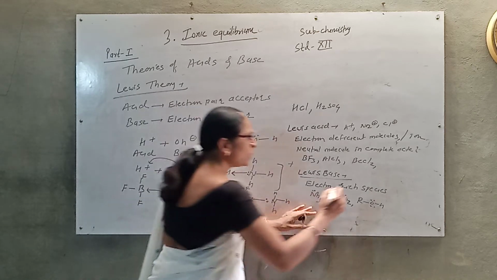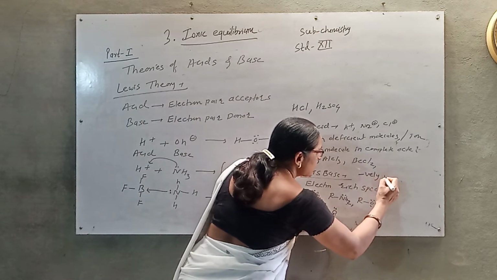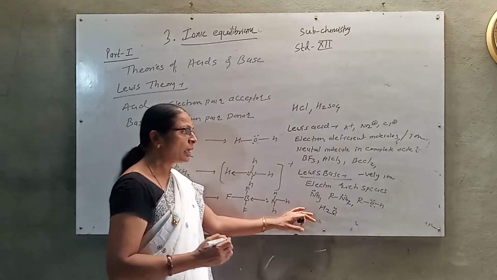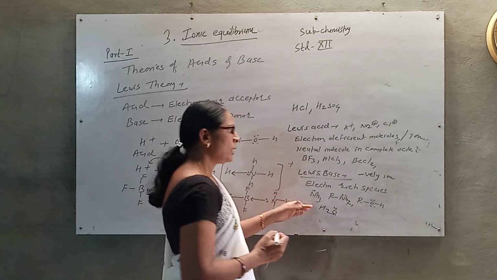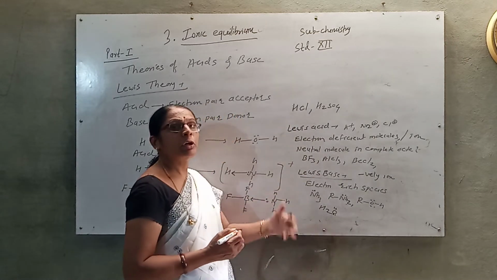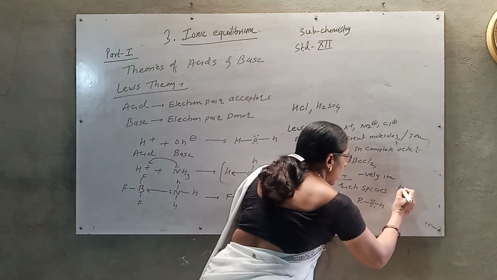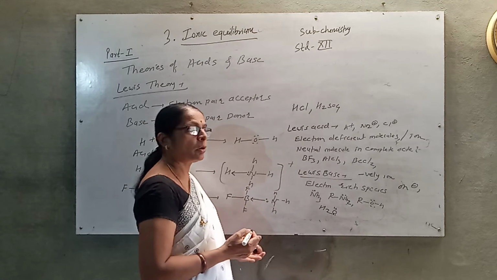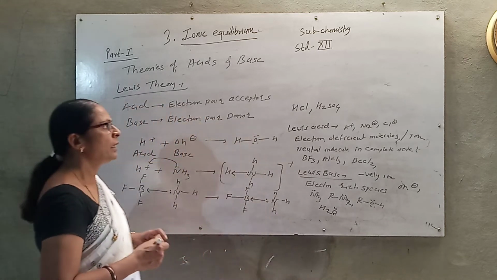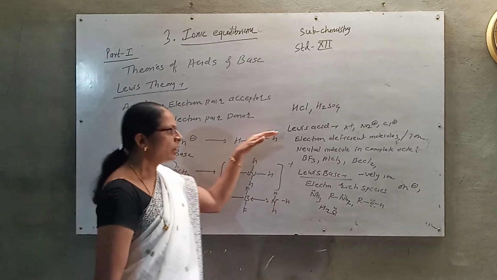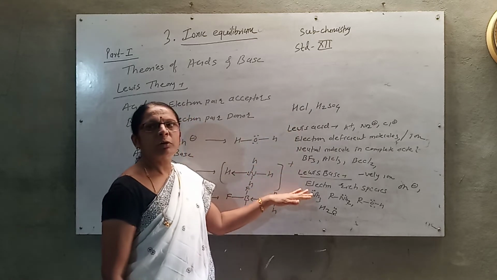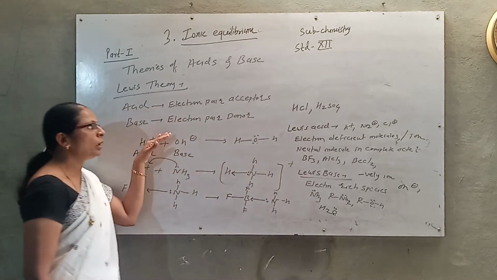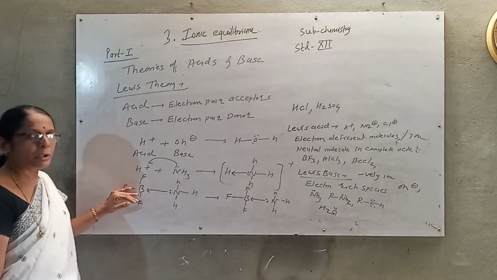Or negatively charged ions, they are considered Lewis bases because they have a lone pair of electrons and are able to donate it. For example, the hydroxide ion is a Lewis base because it has a lone pair of electrons and is able to donate it. In this way, you can consider Lewis acids and bases in terms of electron pair donor and electron pair acceptor.